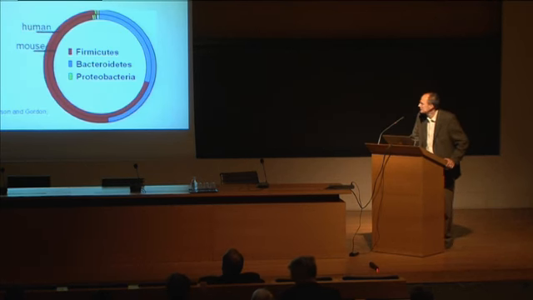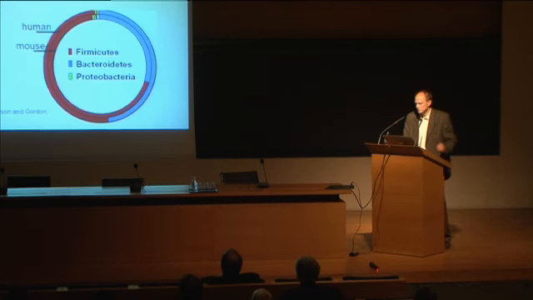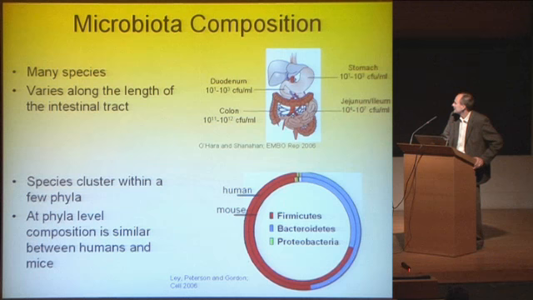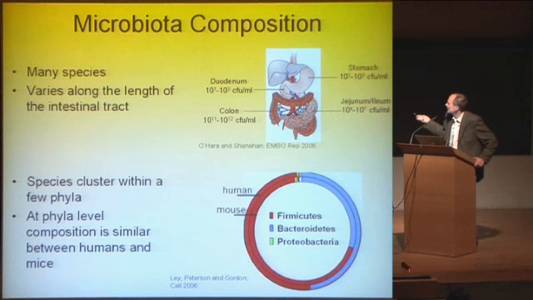Okay, I'm not going to spend a lot of time on this, but just to remind us all that there's varying microbiota composition all over our bodies, and as you go down the intestinal tract, basically you get more and more till the colon, where there's phenomenal numbers of bacteria. And I think we've just had a really interesting discussion on how you analyze these things, and it depends what level you look at where you can find similarities and differences.